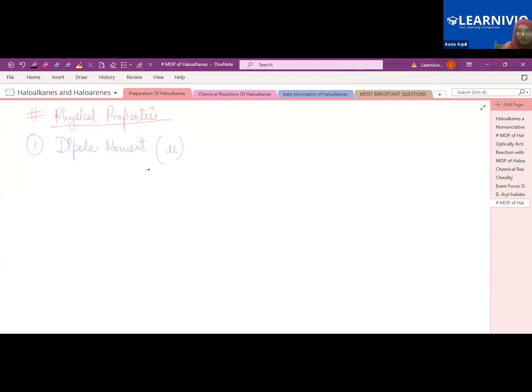So suppose this is your positive charge, plus Q, and this is a negative charge. The dipole moment is the product of the separated charge multiplied by the distance between the two. The distance is represented by r.